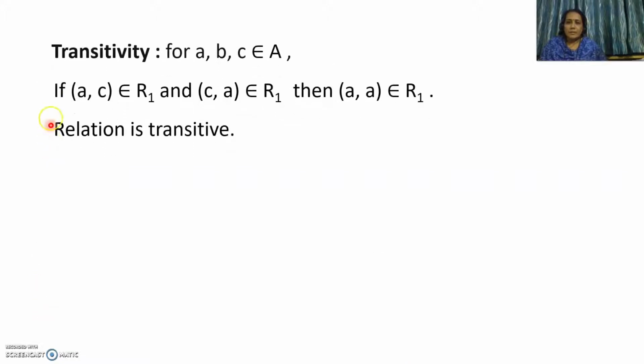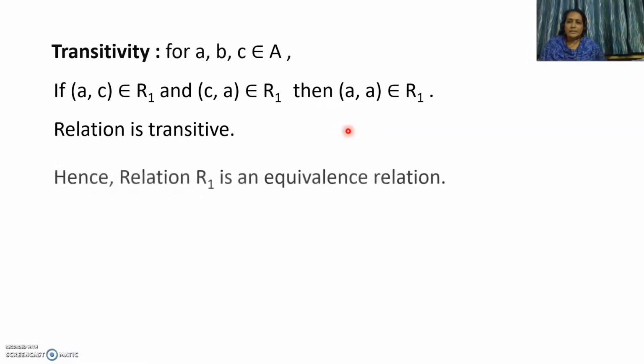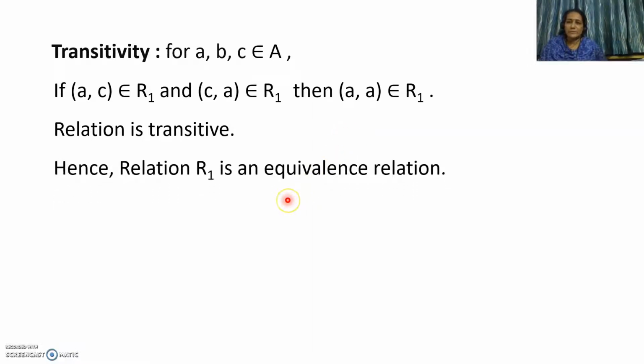For a, b, c belongs to A, if (a,c) belongs to R1 and (c,a) belongs to R1, then (a,a) also belongs to R1. That is, (a,c) is an element of R1, (c,a) is an element of R1, then (a,a) is also an element of R1 and hence the relation is transitive. That is, the given relation is reflexive, symmetric and transitive, therefore it is an equivalence relation.